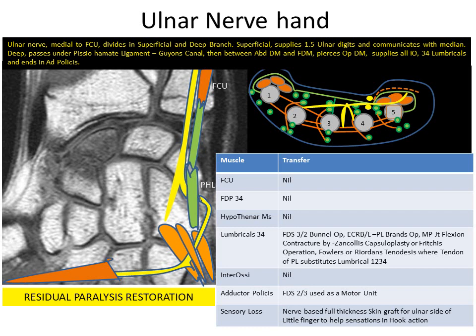So, in residual ulnar nerve paralysis, low ulnar nerve paralysis, where the nerve is entrapped in the Guyon's canal in leprosy, you do not have to transfer for FCU the FDP 3-4, which can be tethered. FDP 3-4 can be tethered to FDP 1-2. The hypothenar muscles, you don't need a transfer.